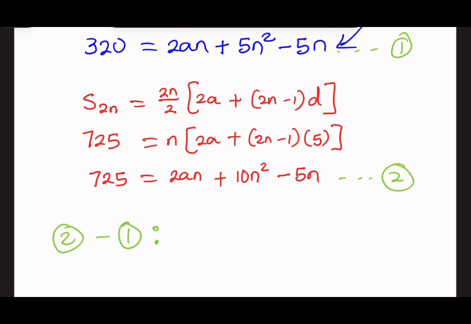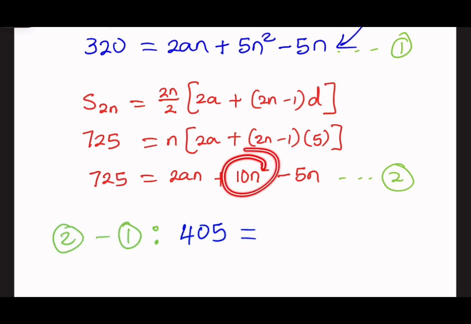So 725 minus 320, which is 405. Then 2an minus 2an is gone. This immediately eliminates a, which is problematic because you don't know it and you're not even looking for it. That means you can solve this really simply.